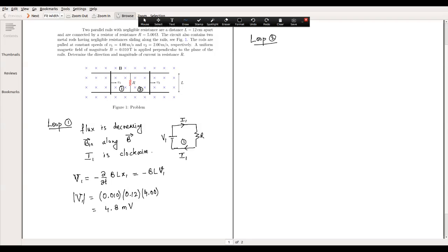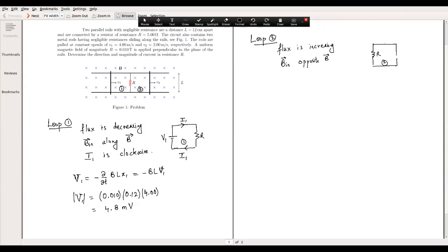In loop 2, the flux is increasing. If the flux is increasing, the induced magnetic field in the second loop is going to be opposite to the direction of B. So that's your resistance R. So we want to effectively put a voltage on the right hand side, but the induced magnetic field is opposite.